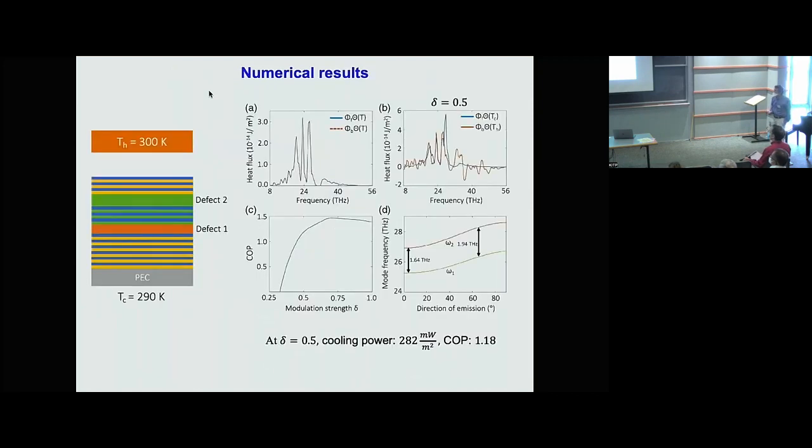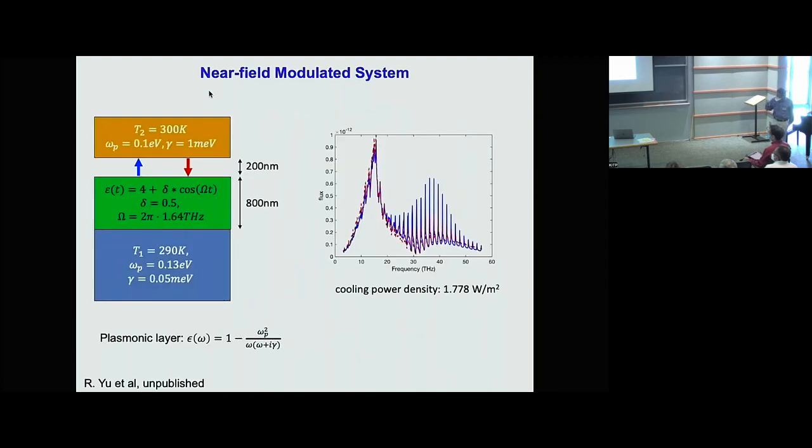And with that, I won't go into the detail of this, but you could indeed, after you compute all the modes and do your typical fluctuation electrodynamic calculation, convince yourself that this in fact operates as a heat engine that can pump heat out. And moreover, you can go to a near field system. So you can imagine two plasmonic systems at different temperatures, putting a dielectric region in between, and modulating the dielectric region to pump the heat from one side to the other.